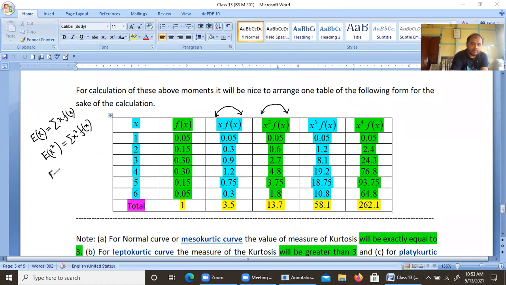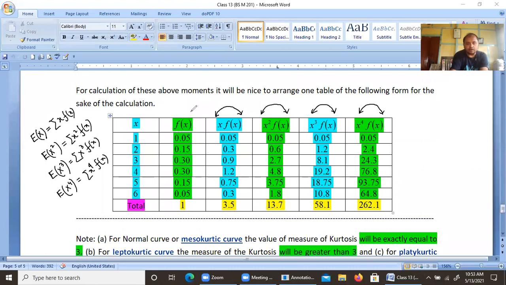For E(X cube), we have this. And lastly, for E(X4), we have this.